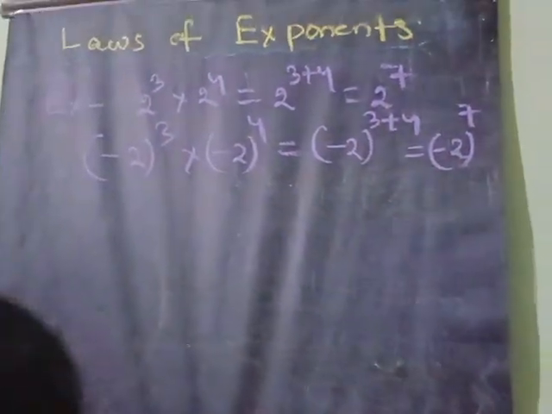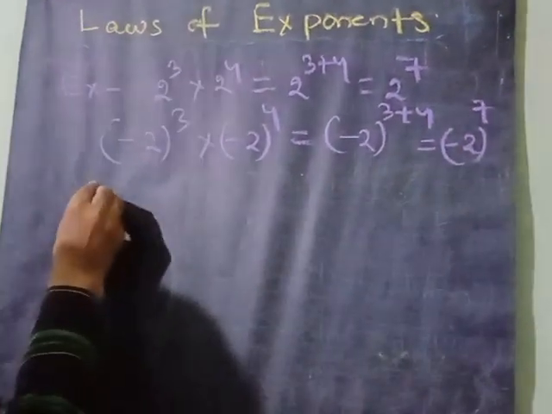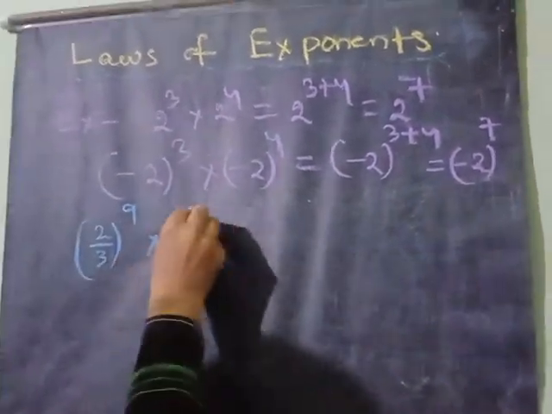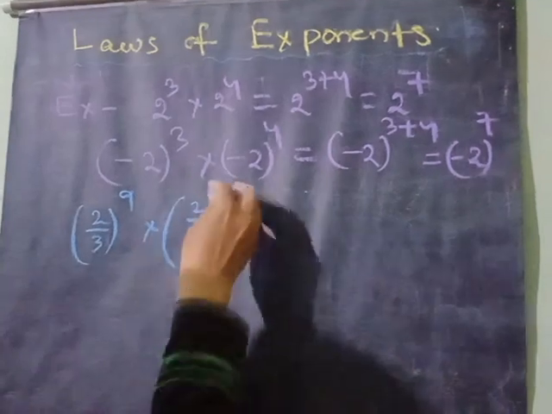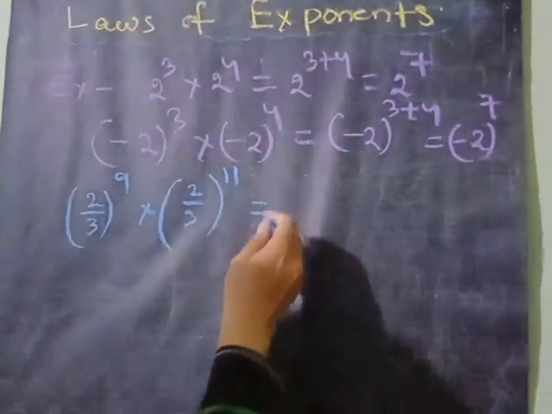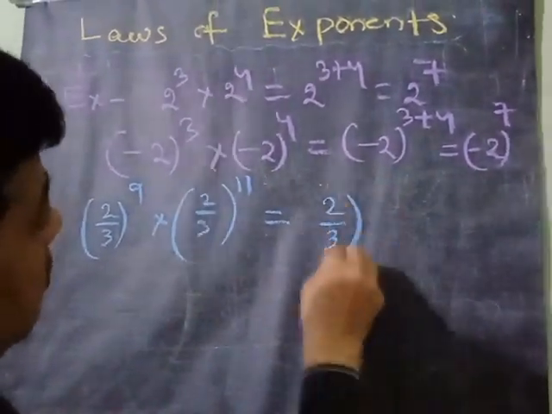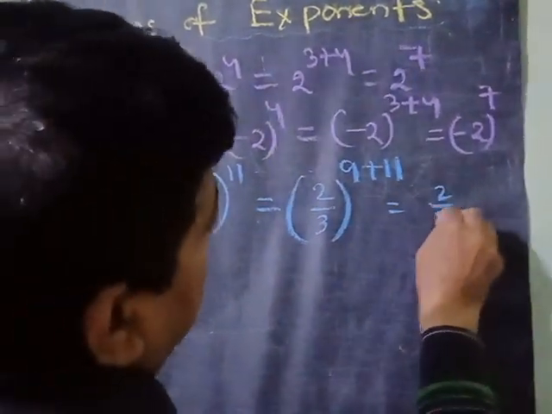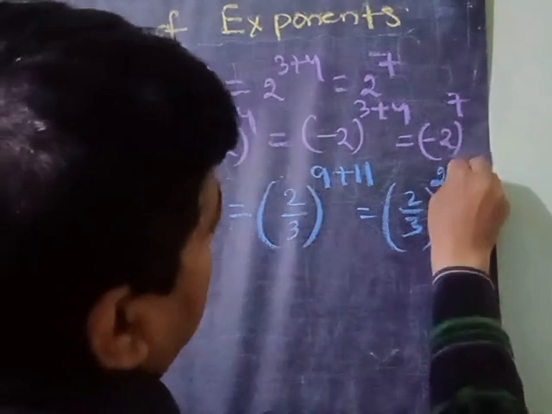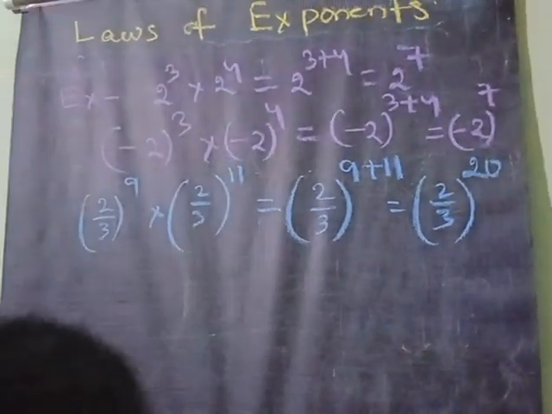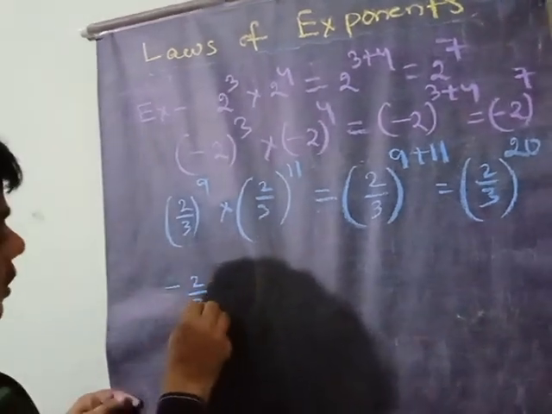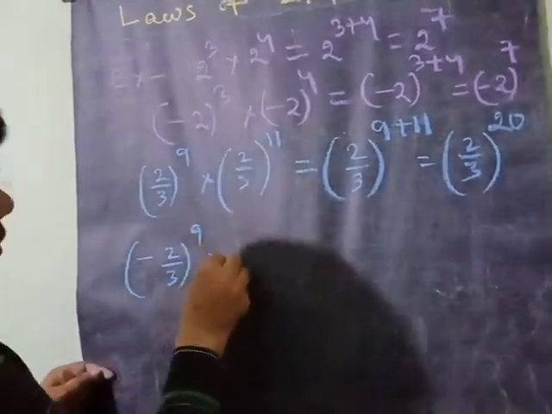Is it clear? Similarly, (2 upon 3) whole to the power 9 into (2 upon 3) whole to the power 11 is equal to (2 upon 3) to the power what? 9 plus 11 is equal to 20. So (2 by 3) to the power 20.